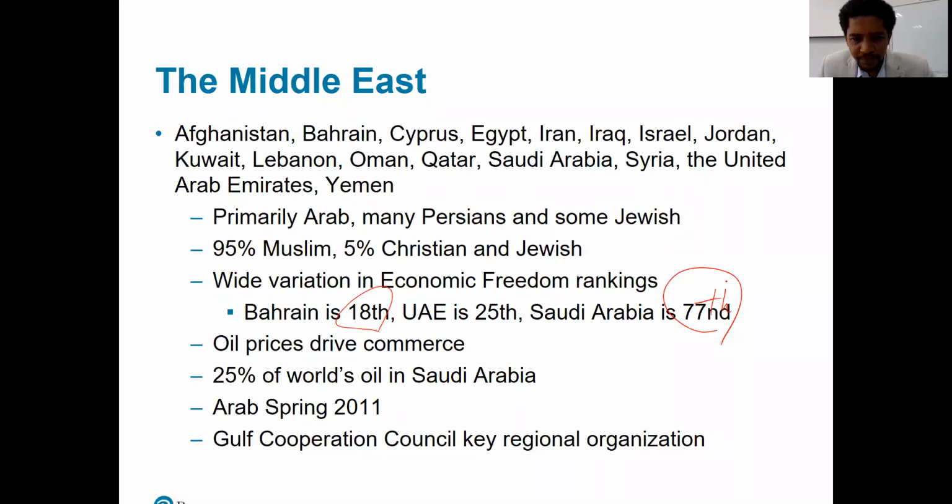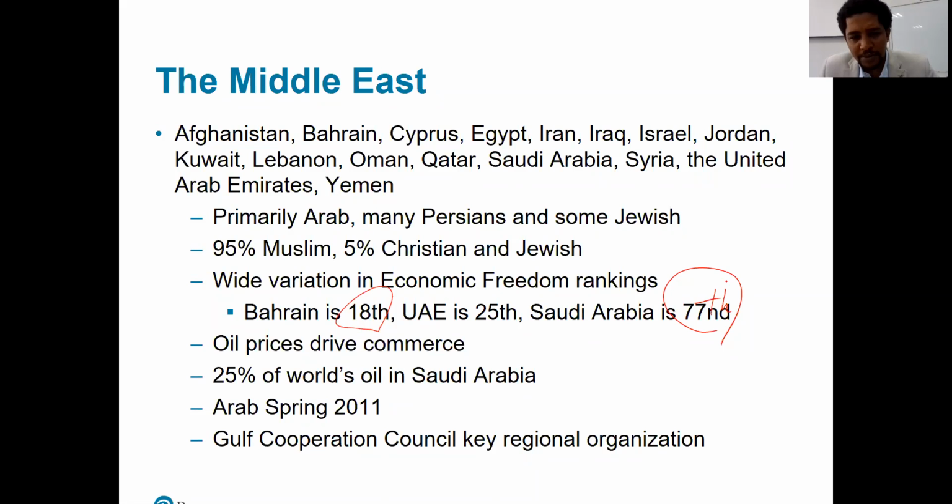So oil prices drive the commerce among these countries, and 25% of the world's oil, as you know, comes from Saudi Arabia. So mainly these Middle East countries sell oil and petroleum to other parts of the world.